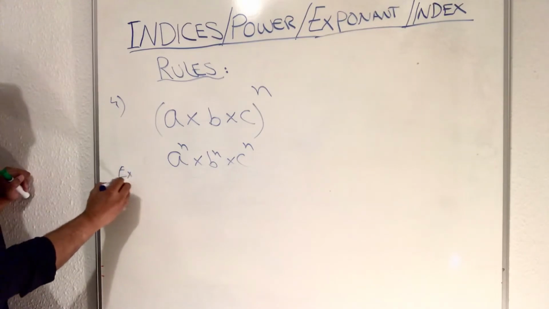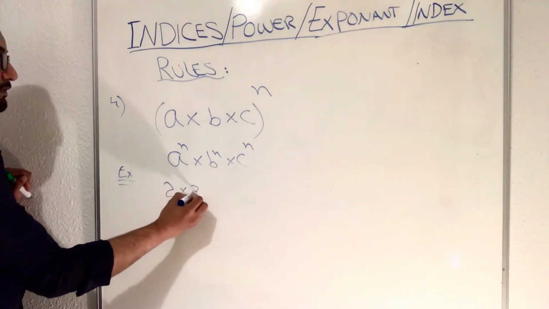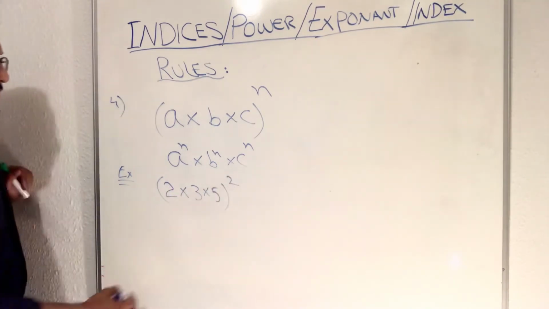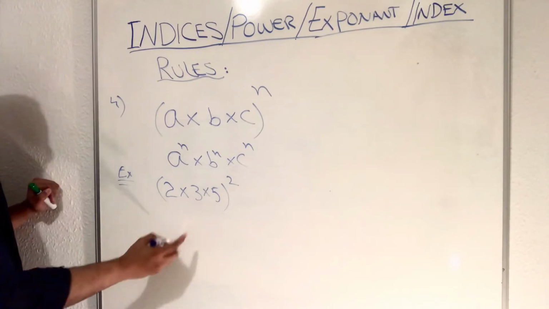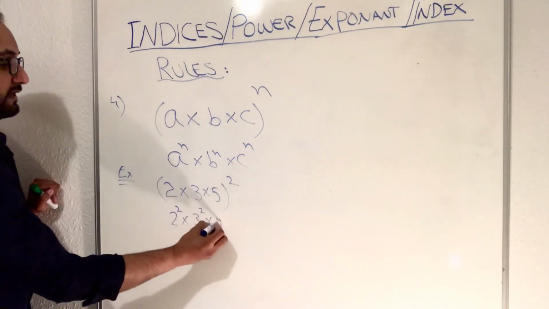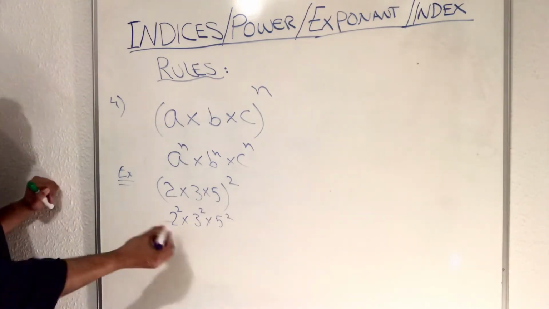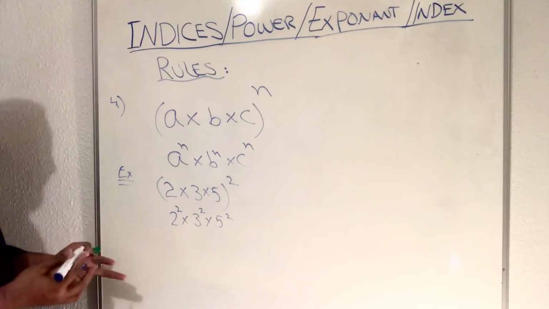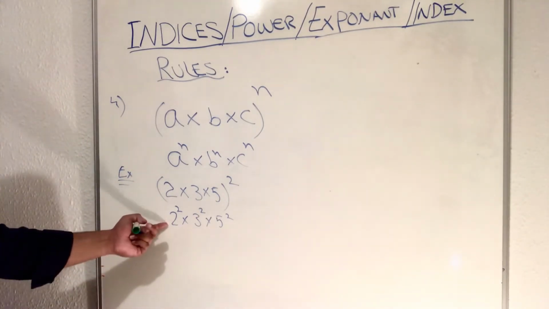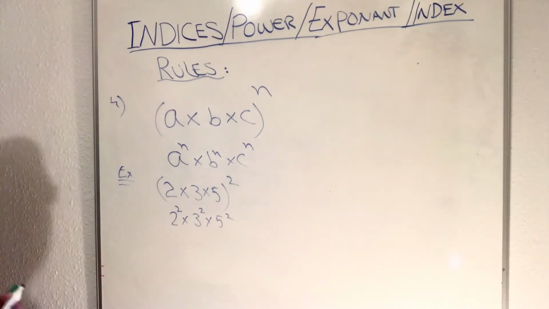Example: 2 times 3 times 5 has a power 2. It means each value has a power 2. So 2 power 2 times 3 power 2 times 5 power 2. You can leave it as it is in index form, or otherwise you can solve it like 4 times 9 times 25. You will get the value.